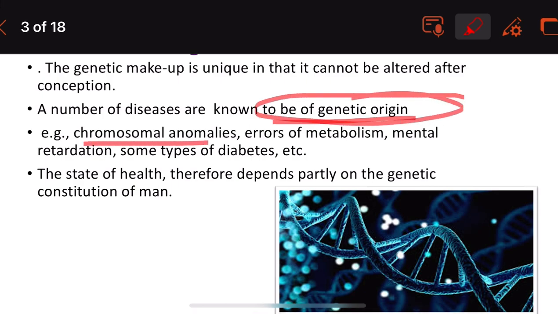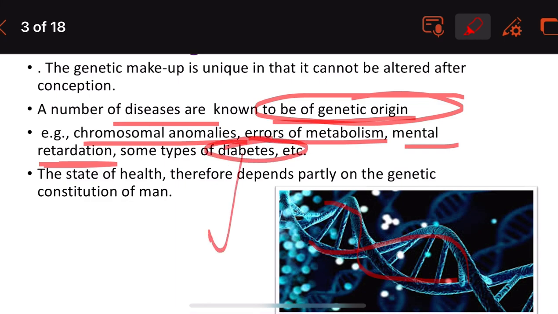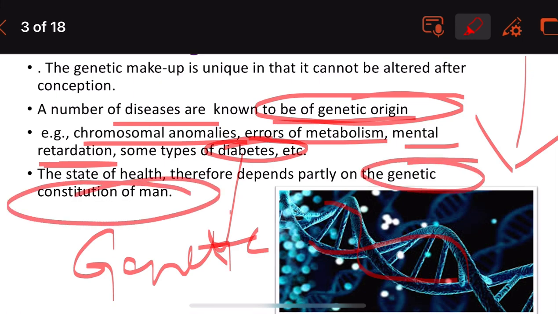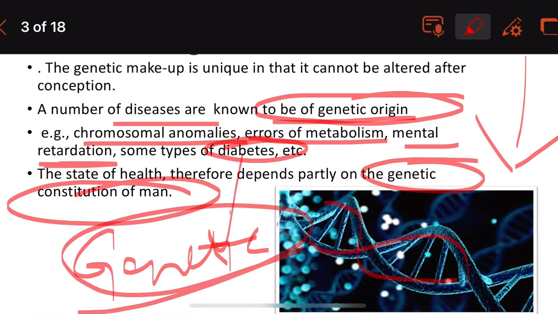There can be chromosomal anomalies, errors of metabolism, mental retardation, and some types of diabetes are also genetic in nature. They can be inherited. The state of health therefore depends partly on the genetic constitution of the man. So we see here that genetics plays a role in determining the health of an individual.